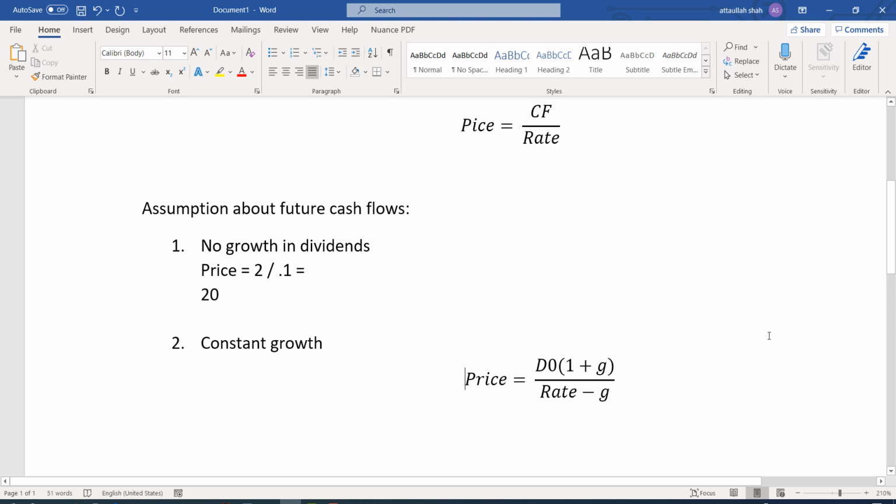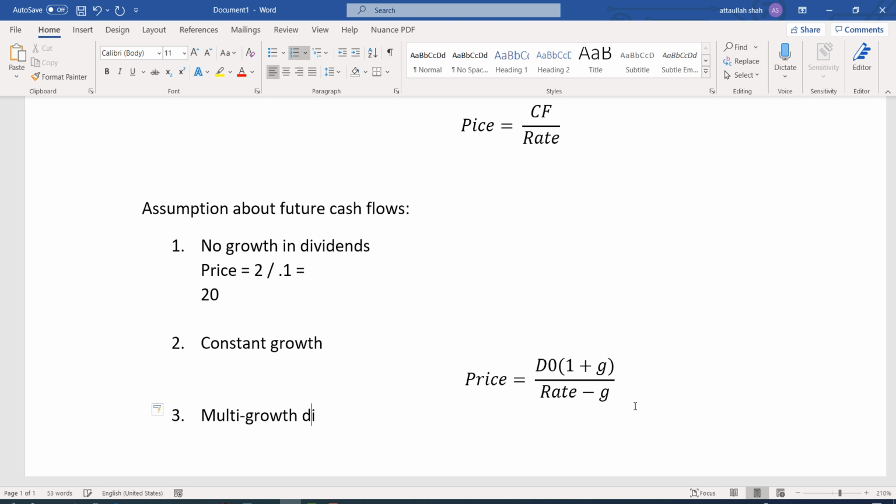Our third model, the third one of the dividend discount models, is called the multi-stage growth model. So the dividends increase in stages. And in this case, this is specifically true for those companies which enter the market right now.